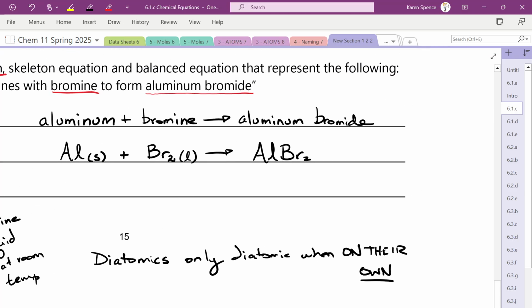So don't try and make it diatomic in there. Try to balance your charges. Al is 3+, bromide is negative, so it should be AlBr3.